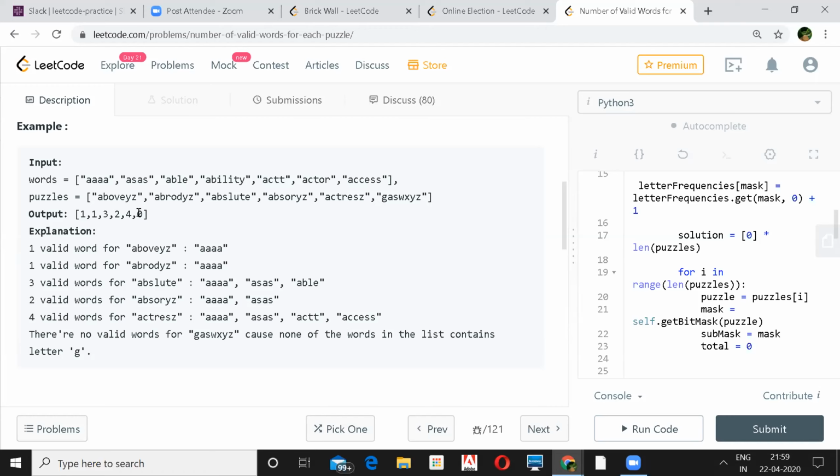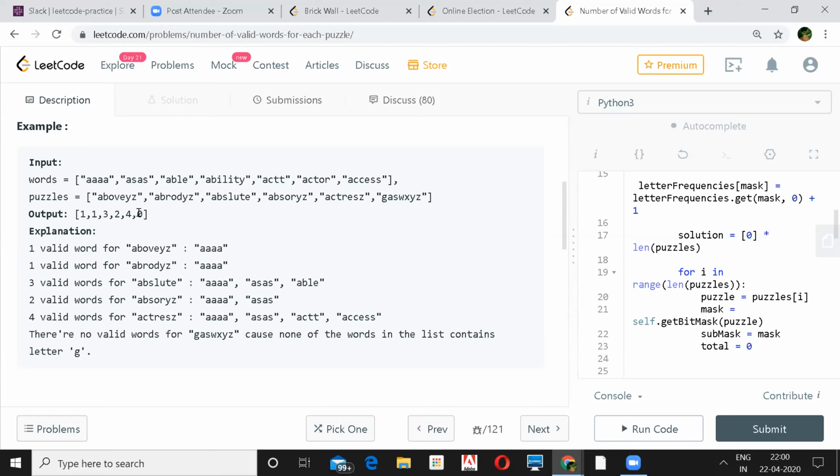One thing with the example: the puzzle and word mapping does not mean that they have the exact number of characters, or that we have to use an alphabet only once. We can use the same alphabet multiple times, and the encodings will be the same. Like APP and APPP.